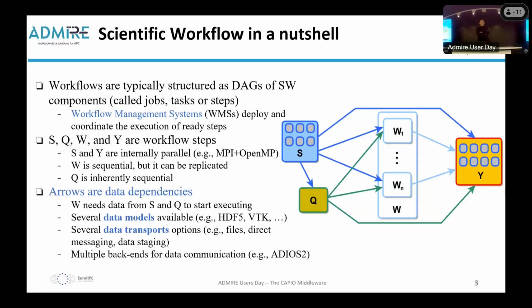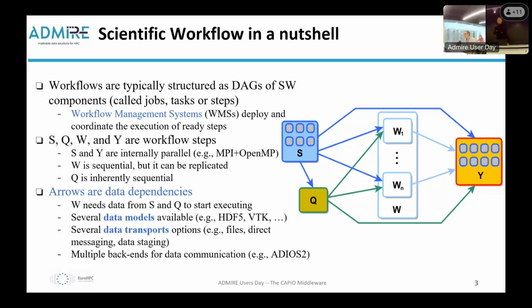Then we could have W, a sequential component that can be replicated many times, or strictly sequential components like Q in the picture. The arcs, the edges in the picture, are data dependencies. For example, before starting the W modules, we have to have the data coming from S and Q.